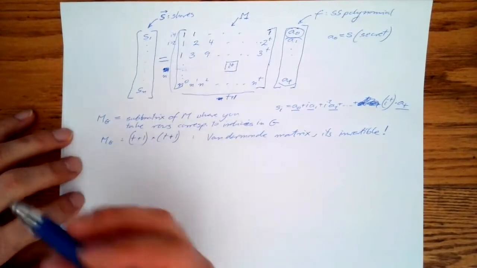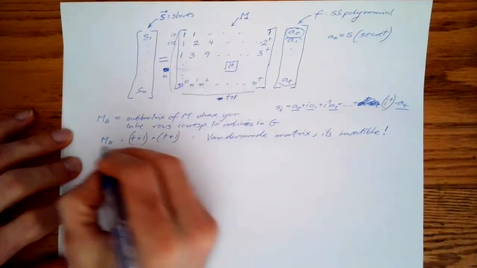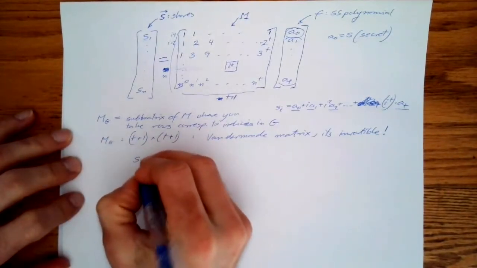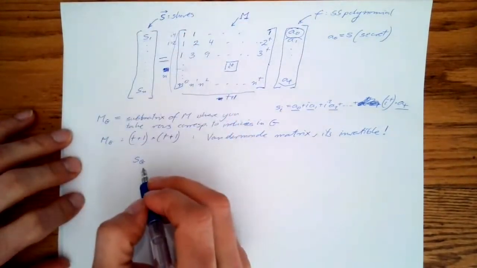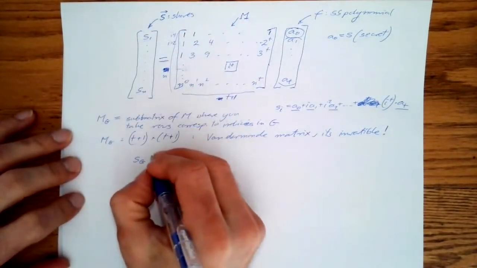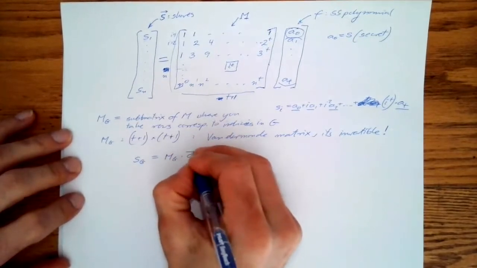Because this matrix is invertible, it determines the shares indexed in the set G. So S_G is M_G times this A vector.